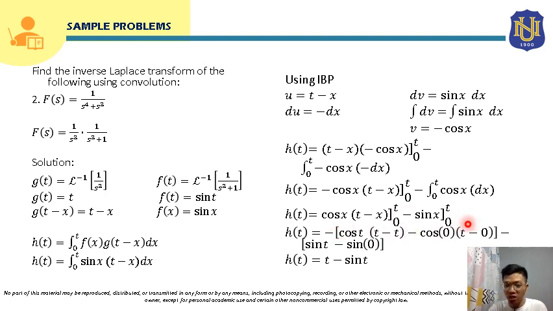We still have t here, so that will just be t. Minus sine t minus sine 0. The sine of 0 is actually 0, right? So what will remain here is just negative sine t. So this will now be the answer. The inverse Laplace transform of this given F of s is t minus sine t. This is already the answer.